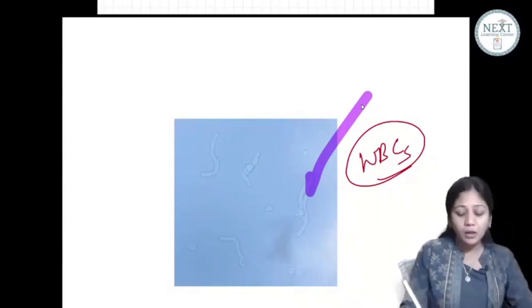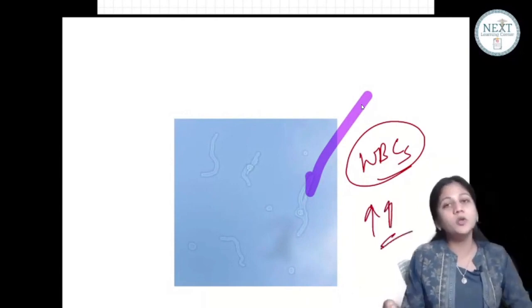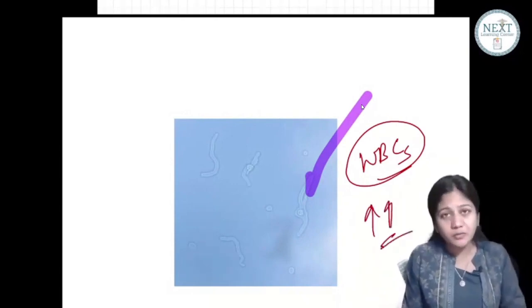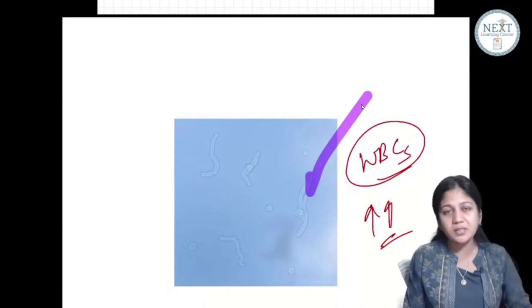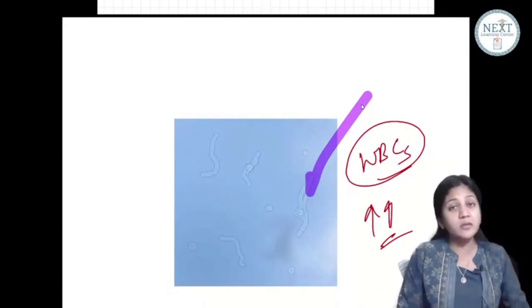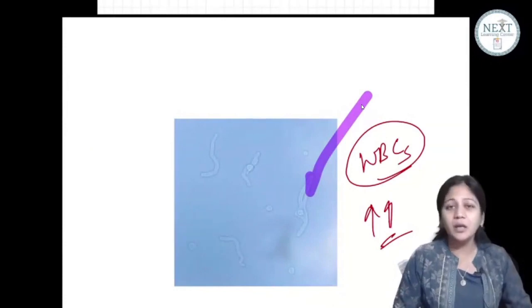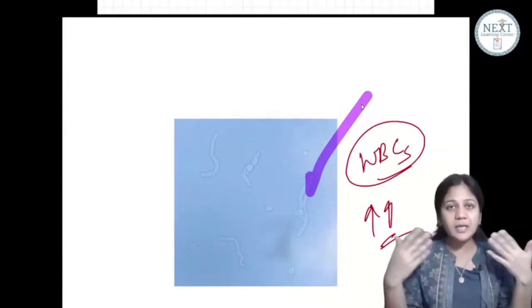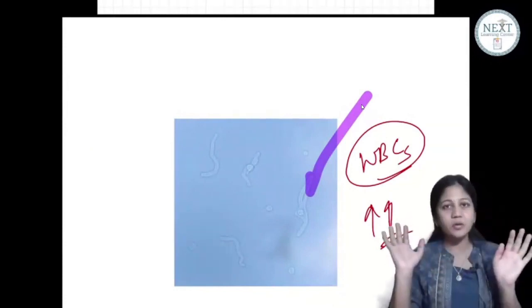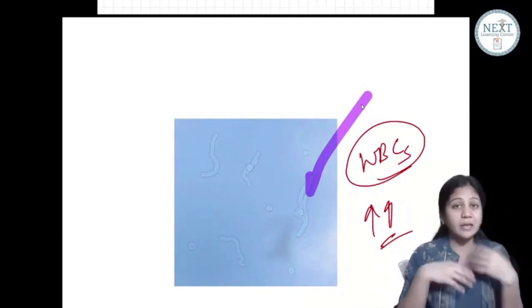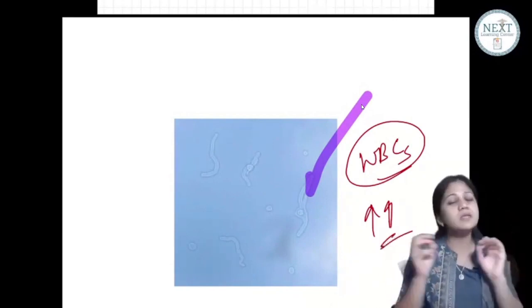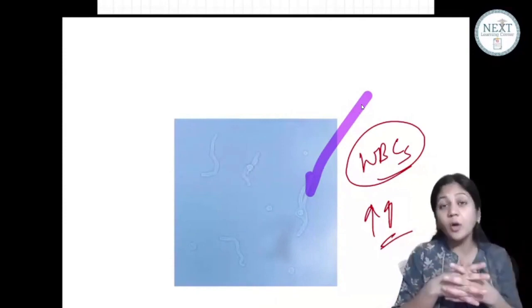But if at all you have an increased number of WBCs, be it an inflammation of the retina, an inflammation of the vitreous, or because of degeneration of the vitreous, you will see increased floaters. Okay. So if you suddenly see an increase, like I can see 4 or 5 floaters, but if I suddenly see 50 floaters, that means there is a tear or some other pathology.